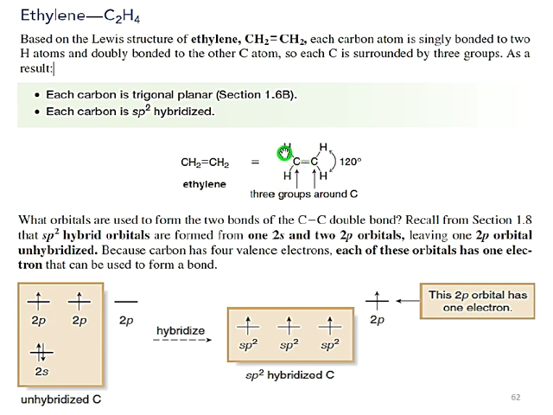Look, this carbon is surrounded by three groups, 1 2 3, so it will be sp2 hybridized, and the hybridization uses 1 s and 2 p orbitals for the sigma bonds, and leaves one of the p orbitals free. This will be used for the pi bond, for the double bond.